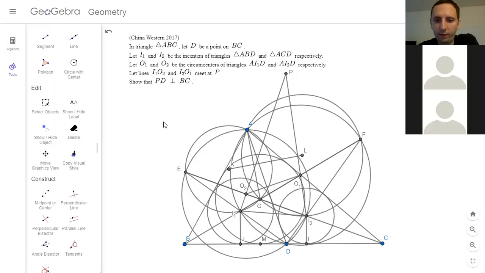So I guess another way to say that is, let's think. We want to show that PI squared minus PI1 squared... or no, let me think actually. Is there any way I can translate that?